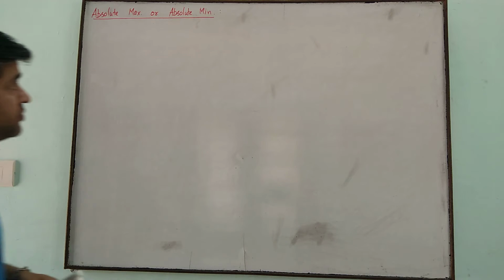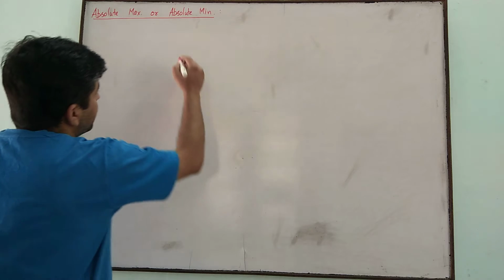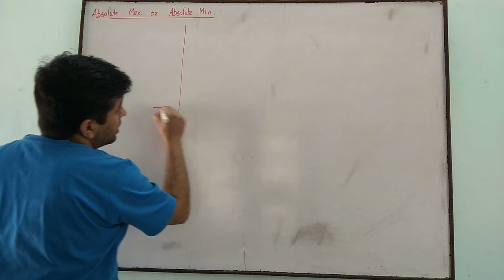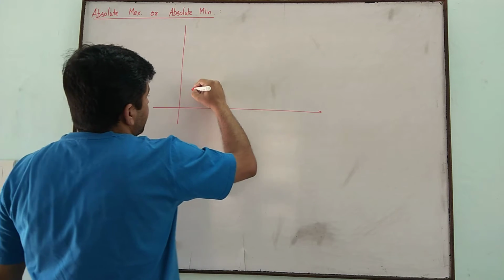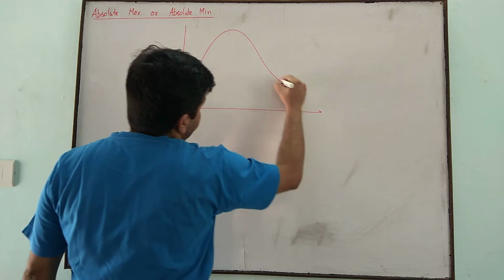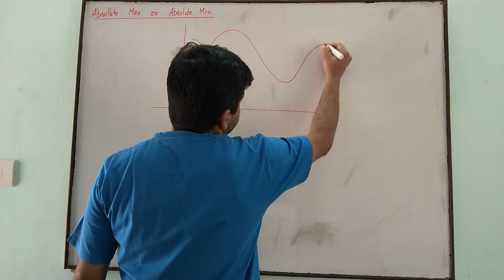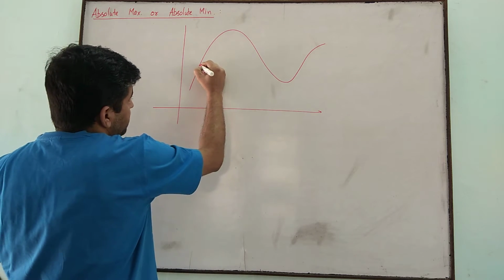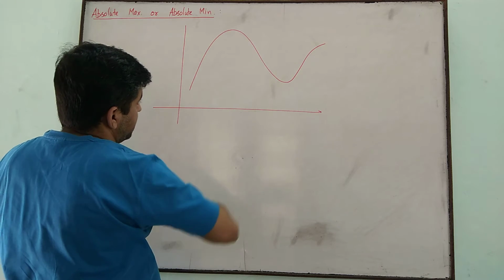Concept here: absolute maxima or absolute minima. First of all, what is it? Suppose this is the function given, in between a particular interval a to b.